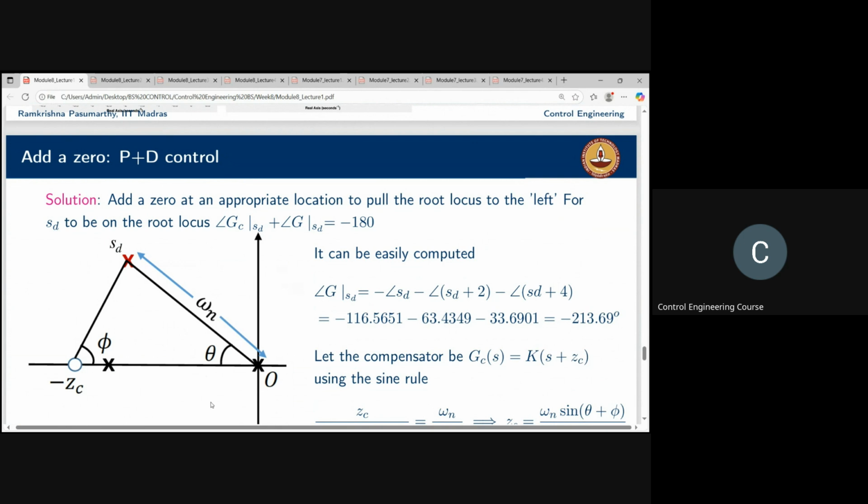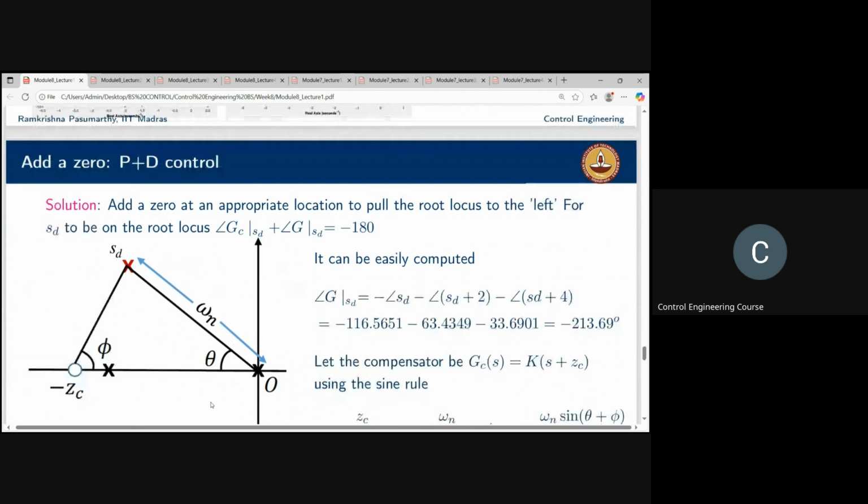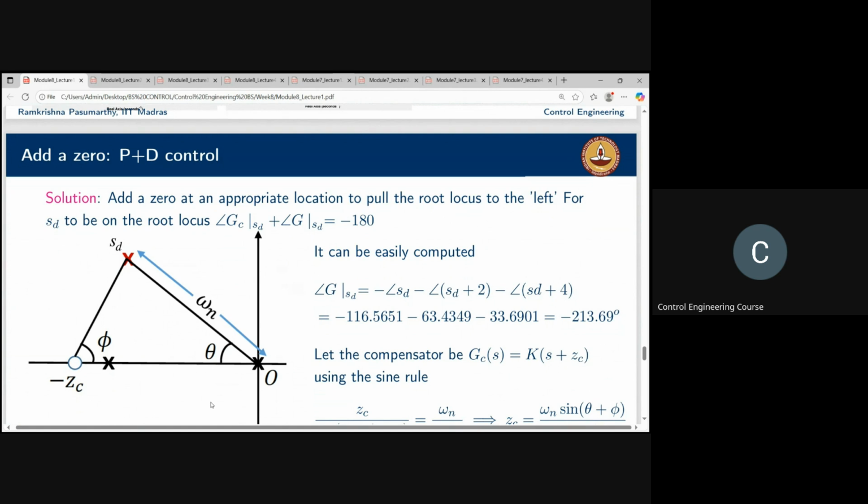Now the zero of the PD controller is always real, right? Because it is s plus something. A PD controller is always KP plus KD s, correct? So the zero is always some negative real number, s equals minus KP by KD.